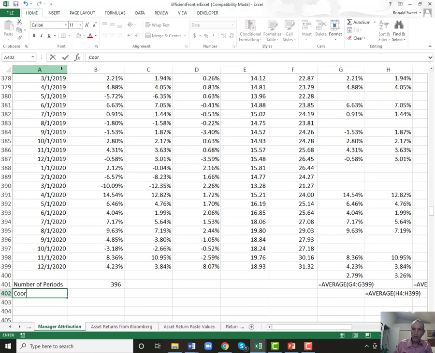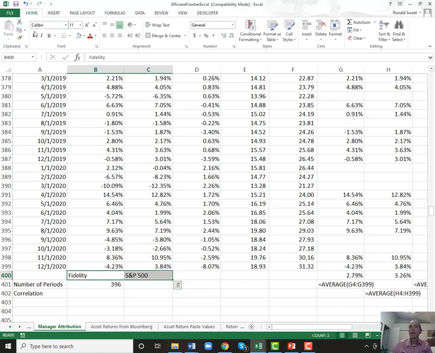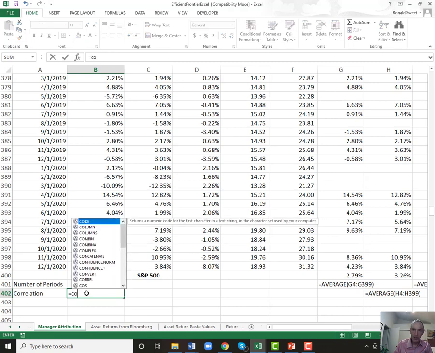Then let's do correlation. So the correlation, so this is Fidelity and the S&P 500. We're not going to do the correlation S&P 500 to itself, so we're just going to do this for Fidelity. We've already done that, but we'll do it again.